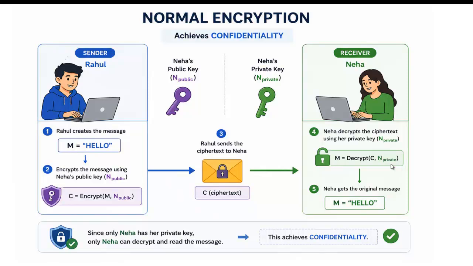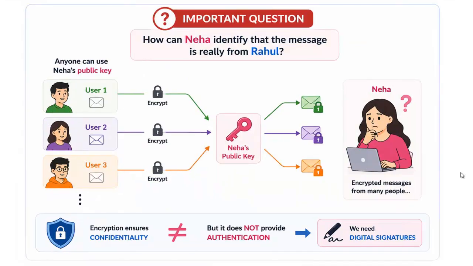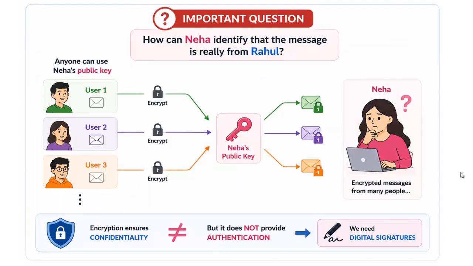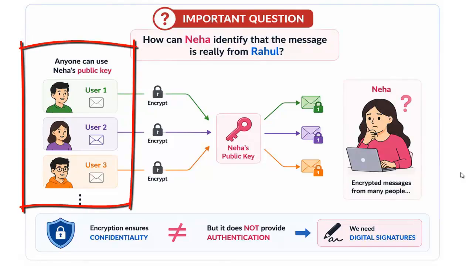But now an important question arises. But before that, please recall how normal encryption is performed. Rahul encrypts the message using Neha's public key and Neha decrypts the message using her private key, right? But Neha's public key is publicly available. That means anyone can use Neha's public key to encrypt a message and send it to Neha, right?